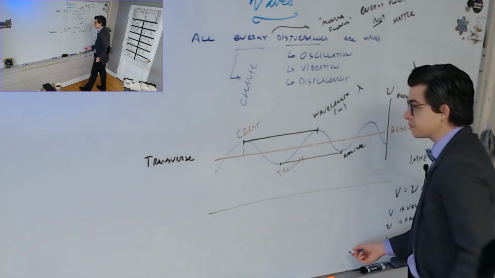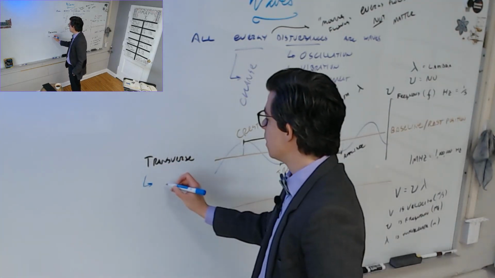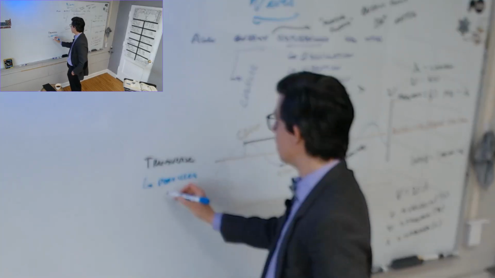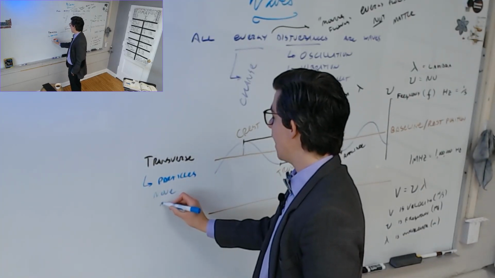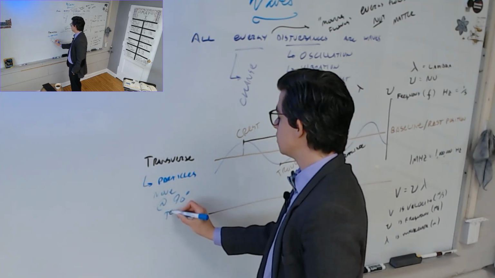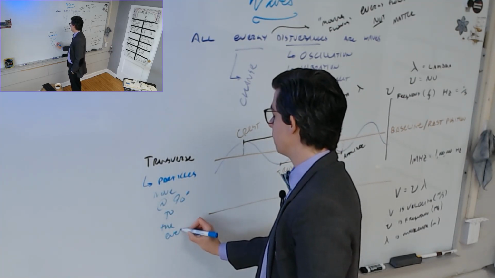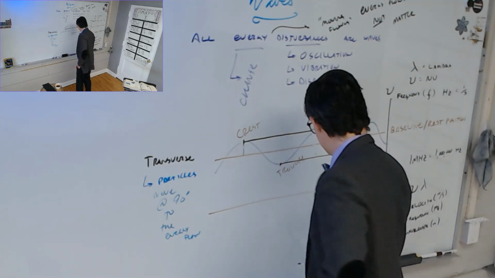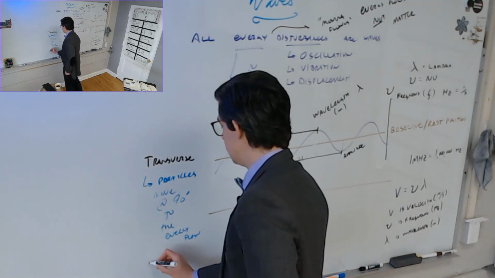Okay, so a transverse wave, because waves can happen in matter: the particles move at 90 degrees to the energy flow. And the other kind is longitudinal.